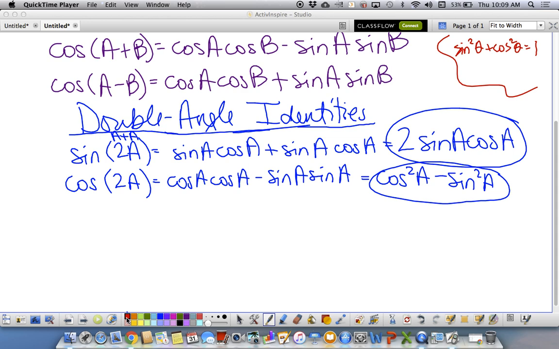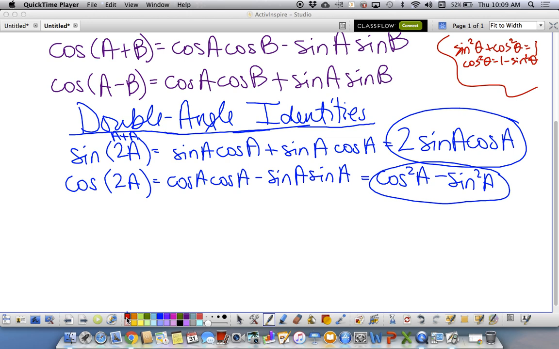Okay? So that's another thing we can put in for another thing. But now let's go up here. Is there another way to rewrite cosine squared? Could I write cosine squared as 1 minus sine squared theta? Okay?